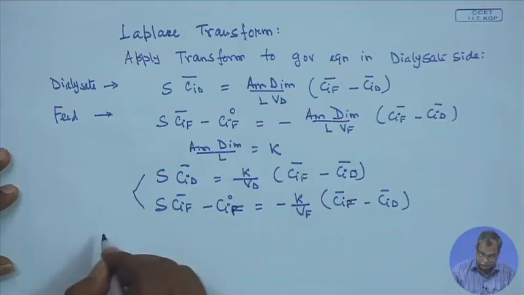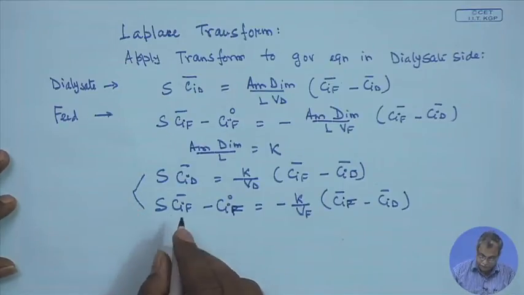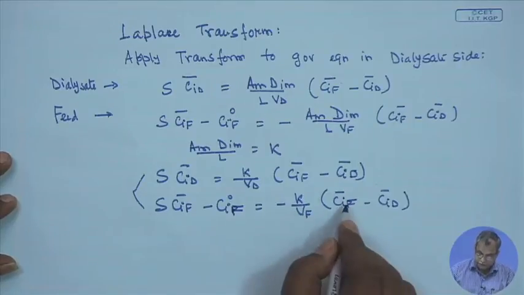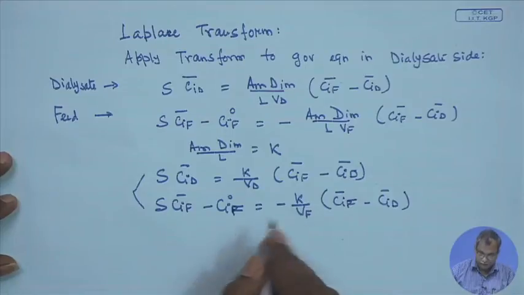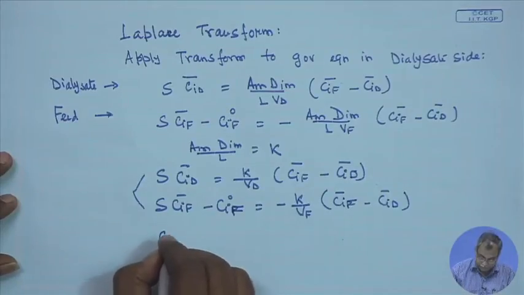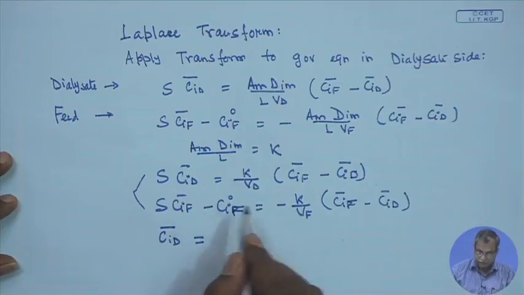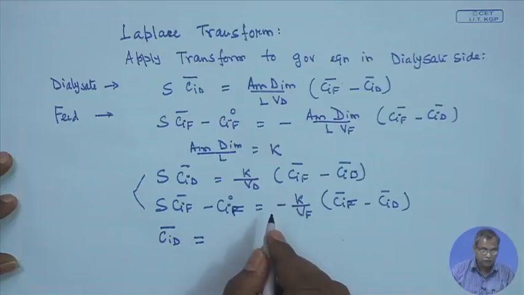Now, these two equations can be solved, and we can get the expression of C_Id bar. We can just replace C_If bar from one equation into the other. I am omitting two steps, as they are very simple: a system of two equations and two unknowns.